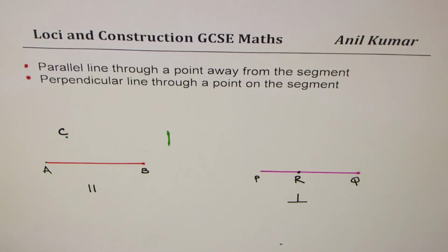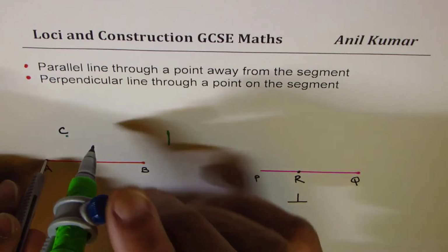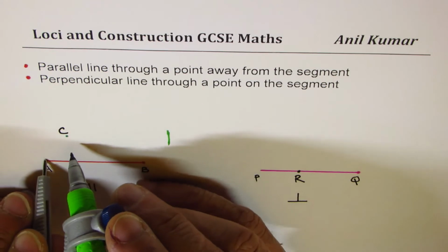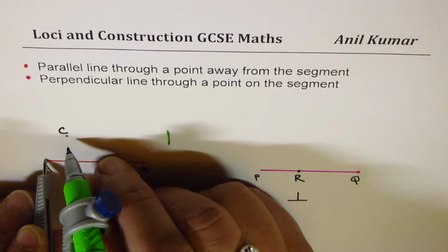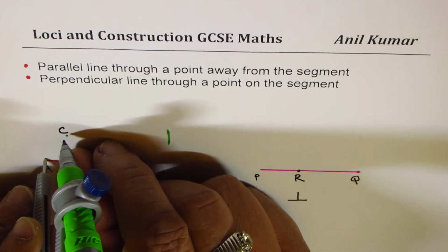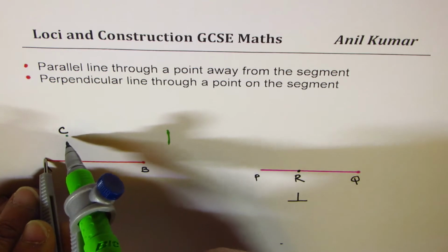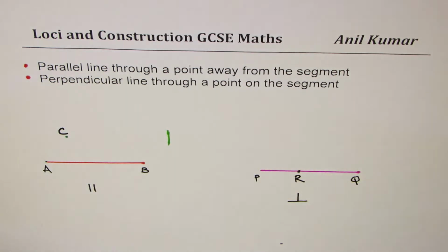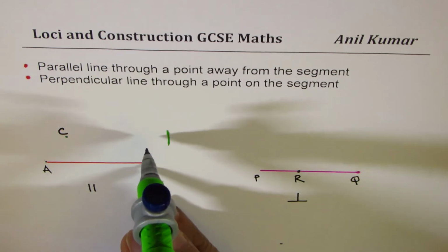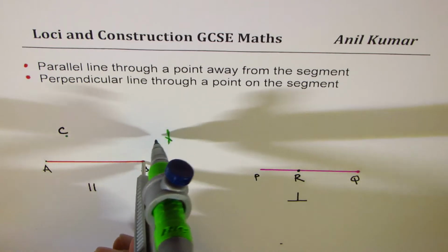The second step is, we know how far C is from A. So now open the compass equal to the length of AC, right? So AC is almost that much, right? Okay, so that is what it is. Then place it at B and check on your arc where it crosses.